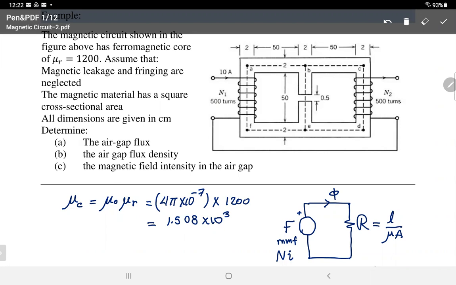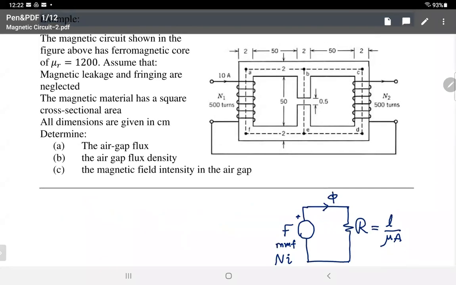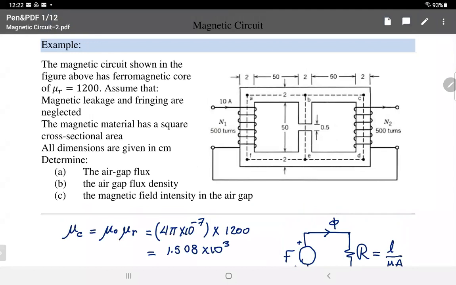But we want to know what the problem is about. This core has an air gap of 0.5 centimeter, and it's assumed that magnetic leakage and fringing are neglected. What's flux leakage?